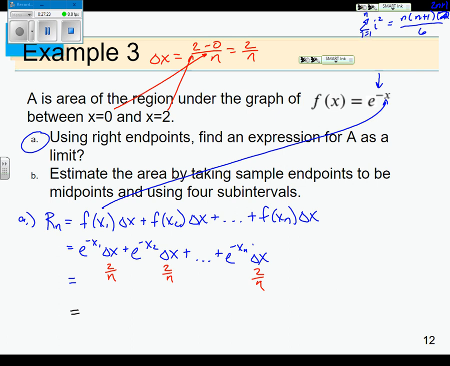And so if I pull out all of those delta x's, I have 2 over n pulled out in front of all these e to the... skip a step. Give me a second.